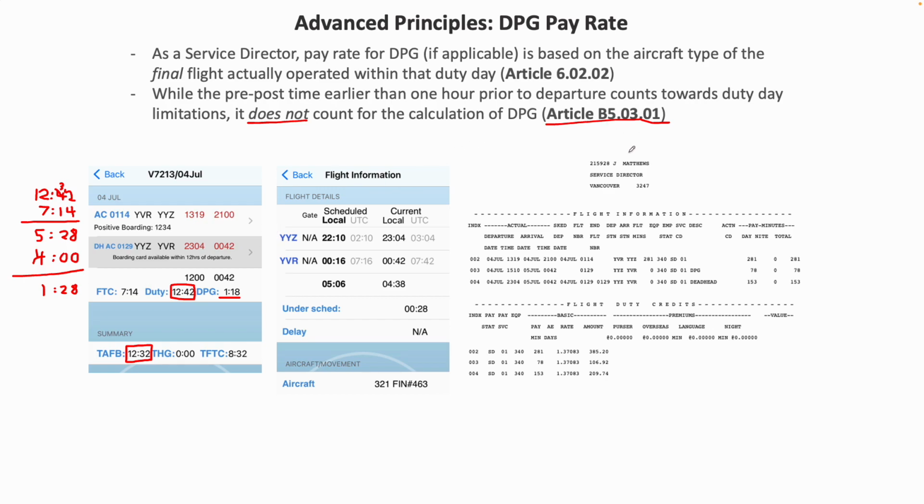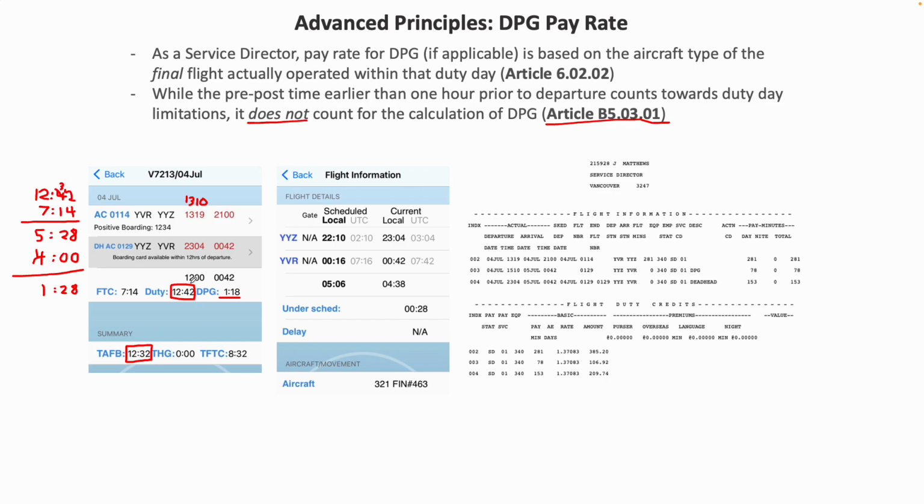And that lies in the wording in Article B5.03.01. As far as our DPG is concerned, we have to start 1 hour prior to departure for the first leg of our duty day. So flight 114, the scheduled departure time was in fact at 13:10. So it was a 9-minute delay on that one.